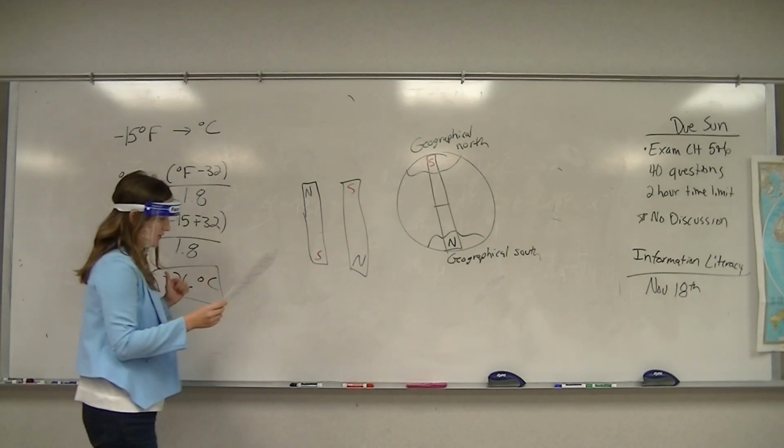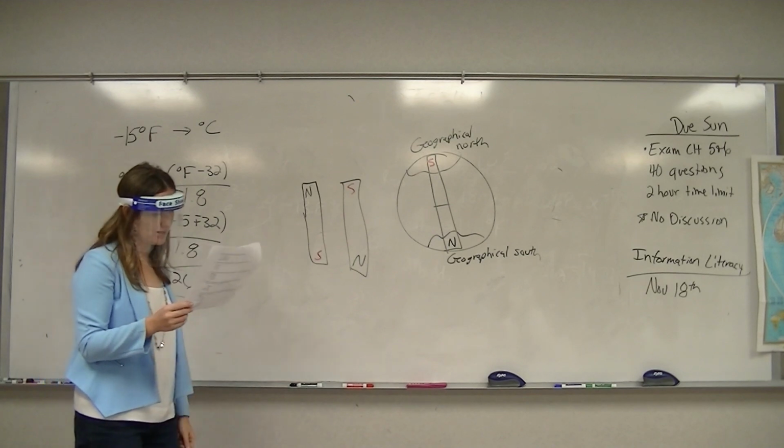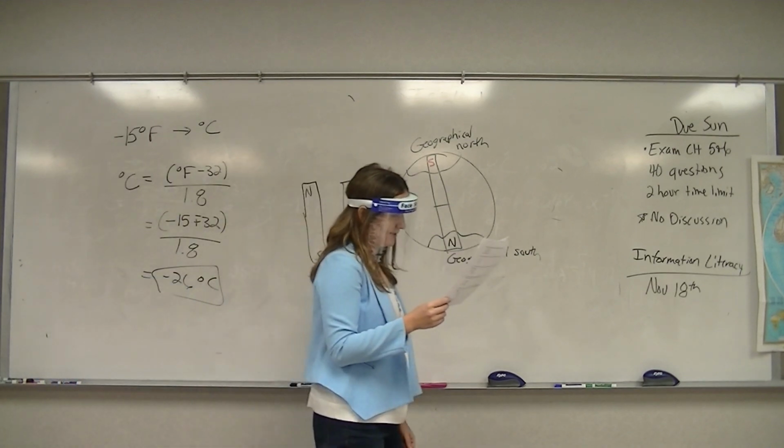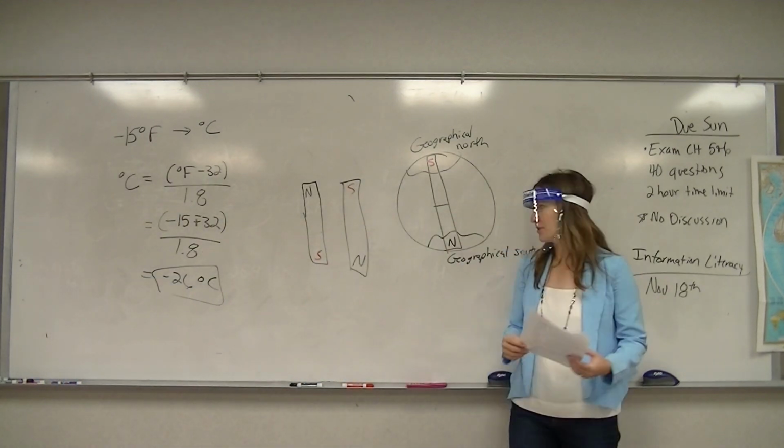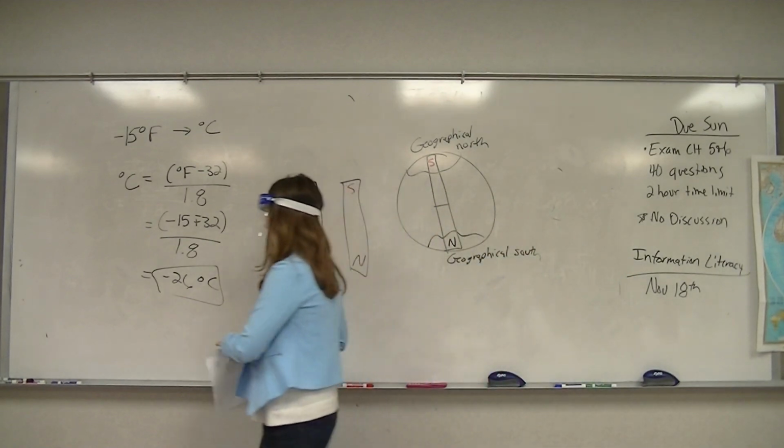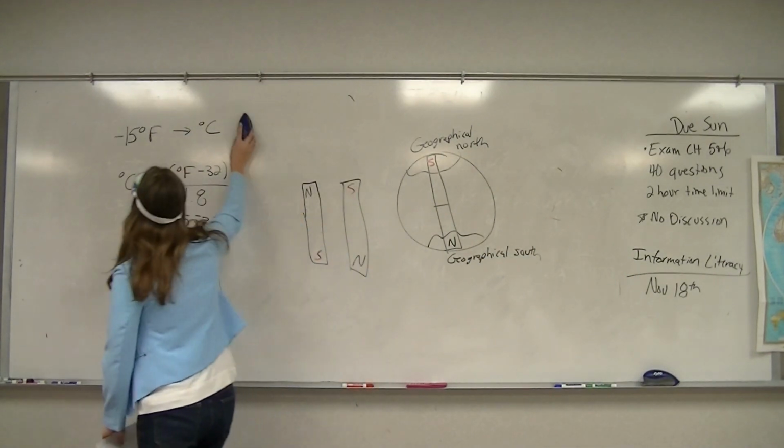I've erased my series circuit already, but number 18, in a series circuit, what is constant? Remember, series was where we had one after another.